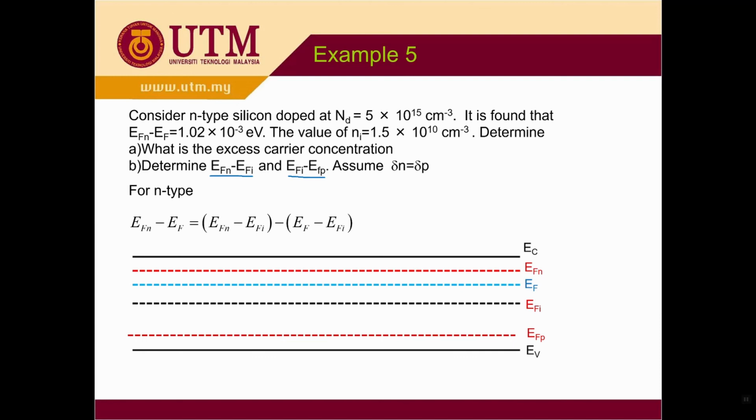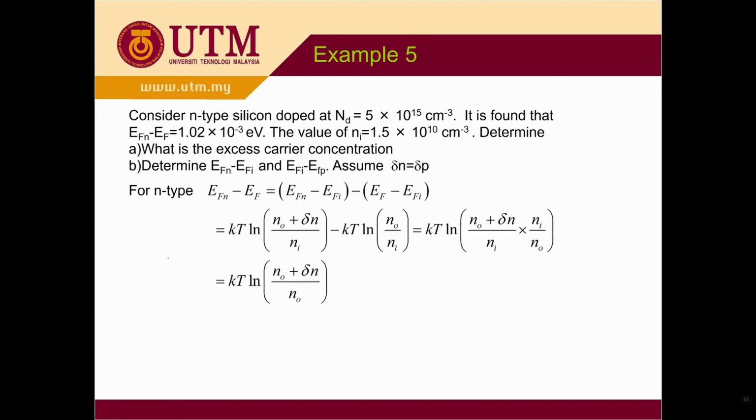Then you have EFN here, and EFP is nearer to the valence band. The arrow shows that what we want to find is EFN minus EF, this region. Let's see the second one, EFN minus EFI and EF minus EFI. If you take this minus the purple arrow, you get the green one.